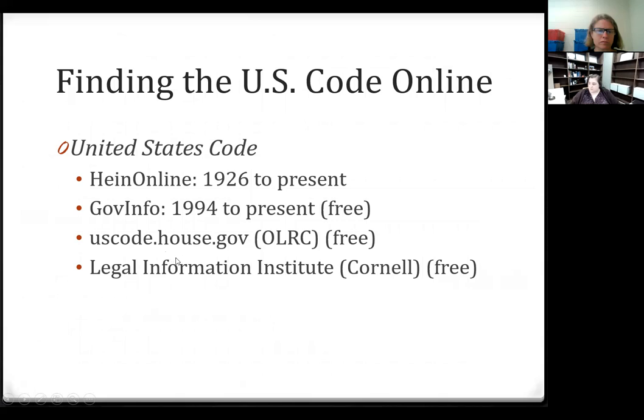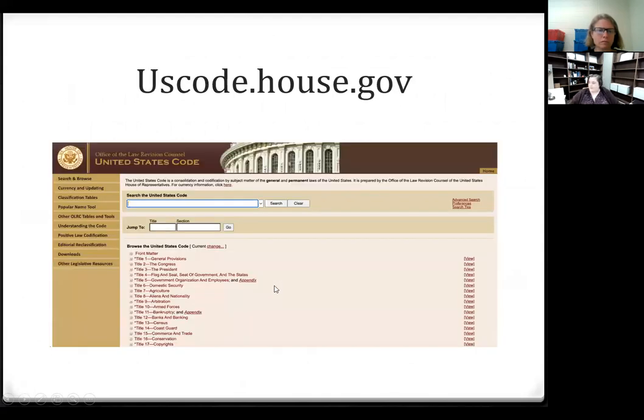They don't show you the historical versions. uscode.house.gov and LII, or the Legal Information Institute from Cornell. uscode.house.gov is also known as the Brown website in my class. It is the version of the US Code from the Office of Law Revision Council. In my experience, it is generally the most up-to-date. It is usually more up-to-date than Westlaw or Lexis, actually.